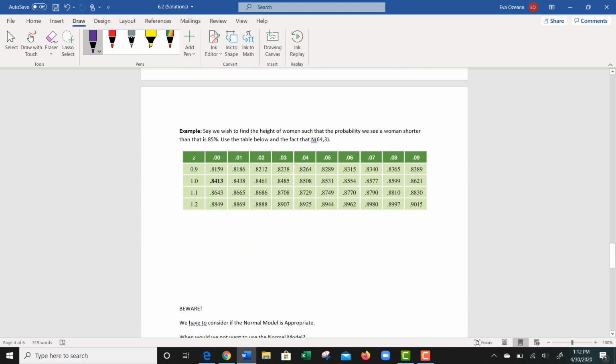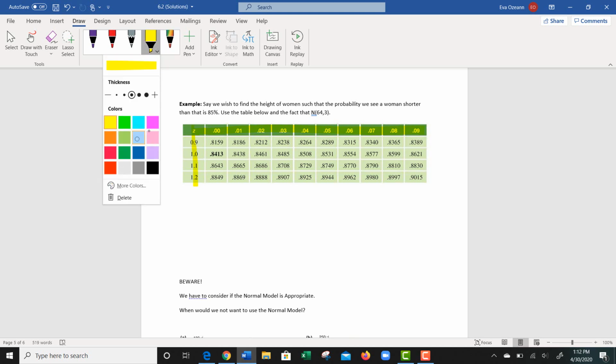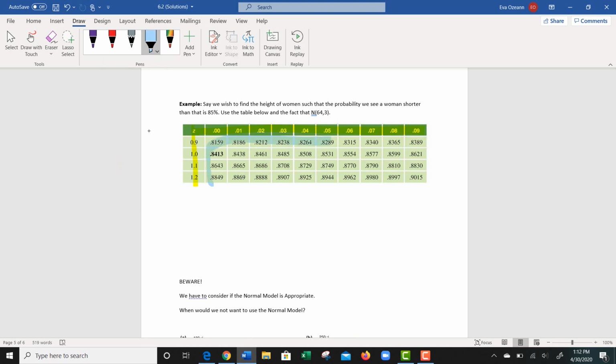So here's what we're going to do. I took a little clip of the Z-score table and put it here on the notes. Remember that these numbers are the Z-scores. The numbers in the middle, though, are the probabilities. So what we're going to do is try to find the number closest to 85% that we can.